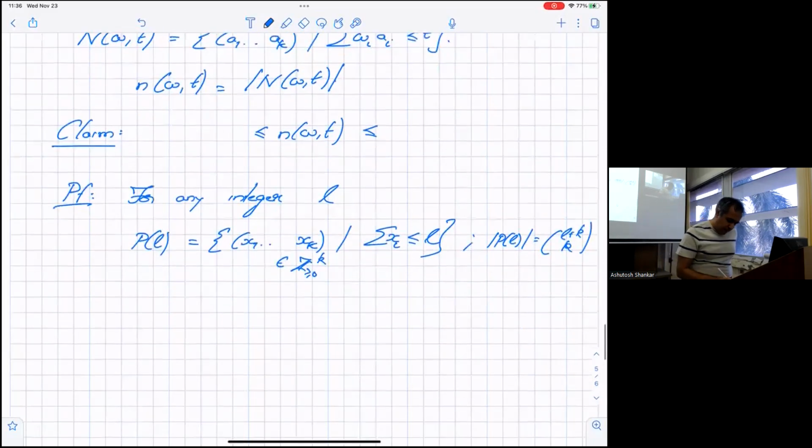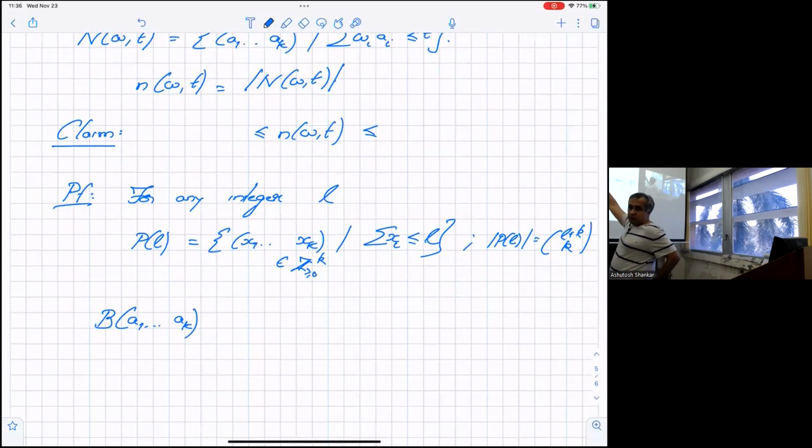Now let's also define this box B(a1 to ak). Think of a1 to ak as a potential solution to N_{W,T}.